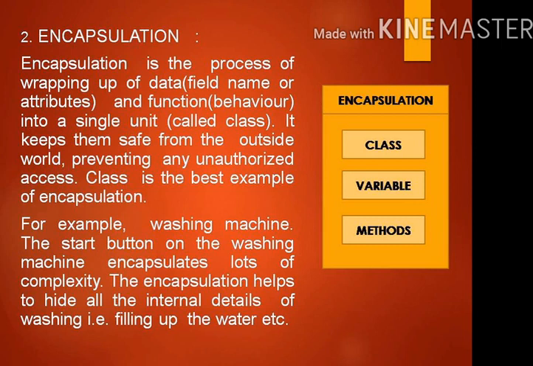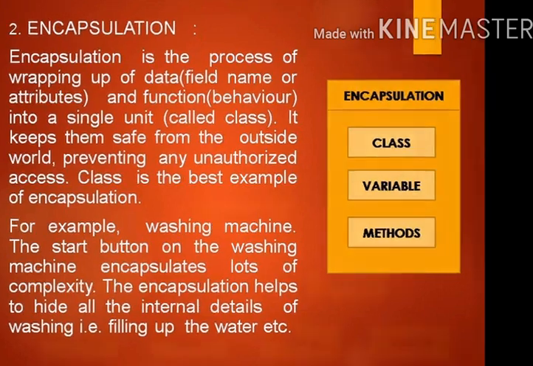Class is the best example of encapsulation. For example, washing machine. The start button on the washing machine encapsulates lots of complexity. The encapsulation helps to hide all the internal details of washing, that is, filling up the water, etc.